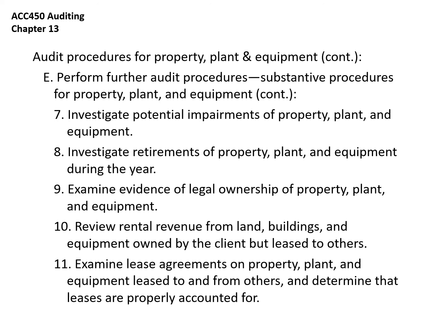That's evidence of ownership. And we would examine lease agreements on property, plant, and equipment leased to and from others to determine the leases are properly accounted for. And remember the new accounting standard where you have an asset that's the right to use the item, and then a corresponding liability that records the net present value of the debt over the course of the lease.